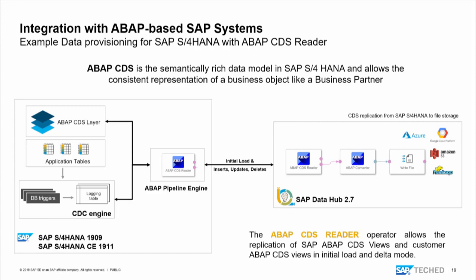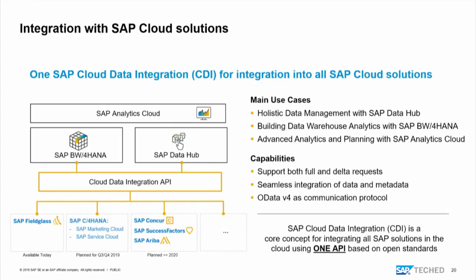Of course there are a lot of systems which are not only ABAP specific, but we also have a lot of cloud applications, like Concur, like Fieldglass, like SuccessFactors. A common issue is that it's hard to connect to those applications because they have a different understanding of a business partner and different ways of exposing the data.